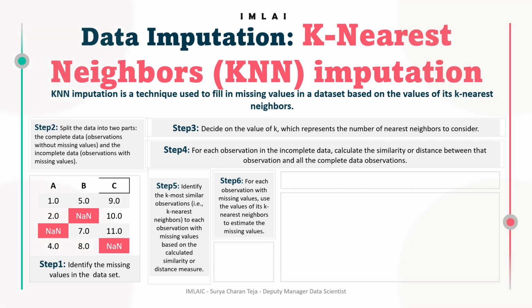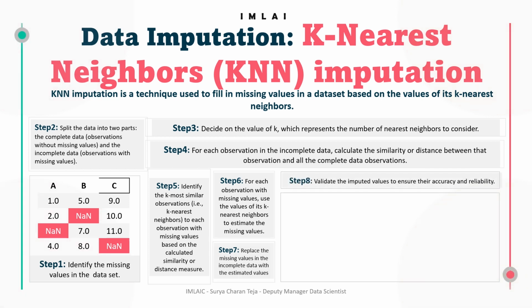The choice of estimation method depends on the type of data and the specific problem. Then once estimation is done, now it's time to replace the missing values in the incomplete data with the estimated values obtained from the K nearest neighbors. Then it's all done.